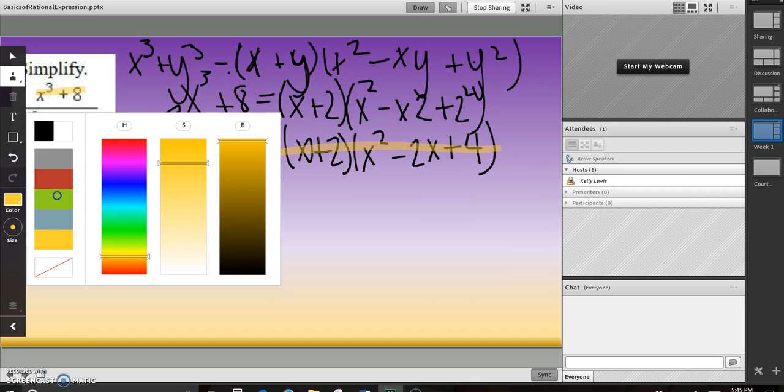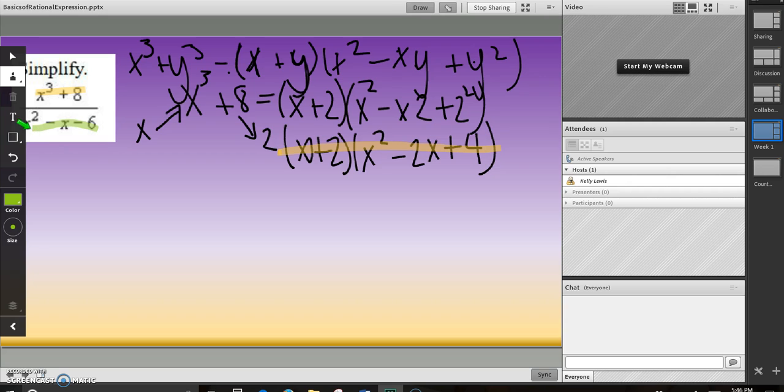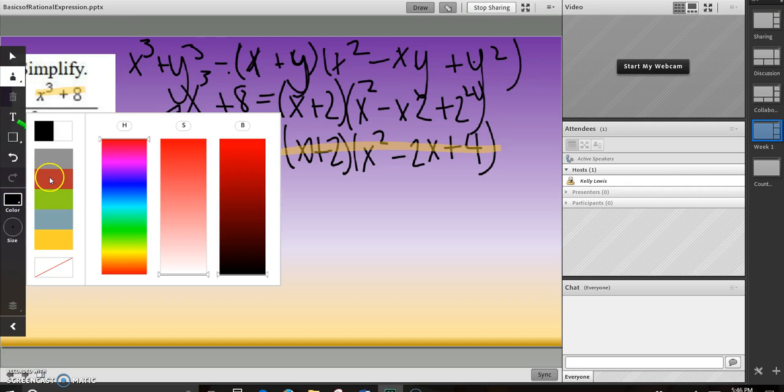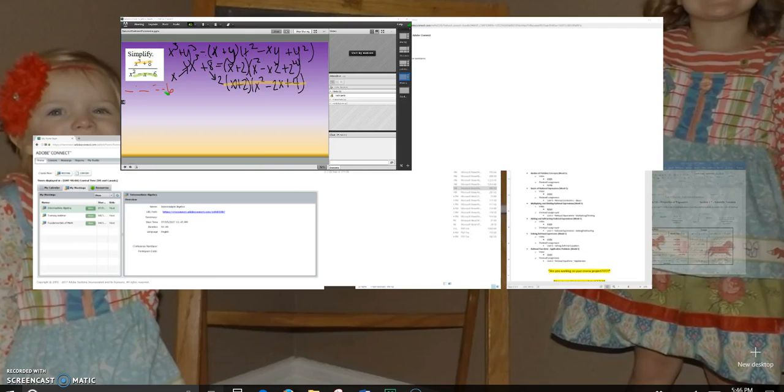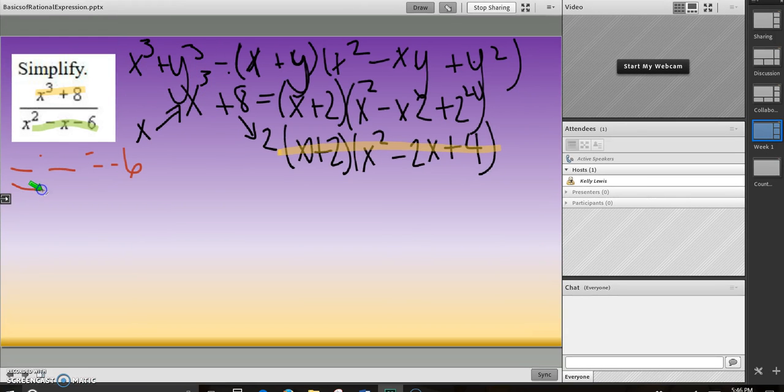Now let's do x squared minus x minus 6. There's no number in front of the x squared, so I'm going to figure out what multiplies to give me negative 6 and adds to give me negative 1, because remember there's a negative 1 hiding right there.